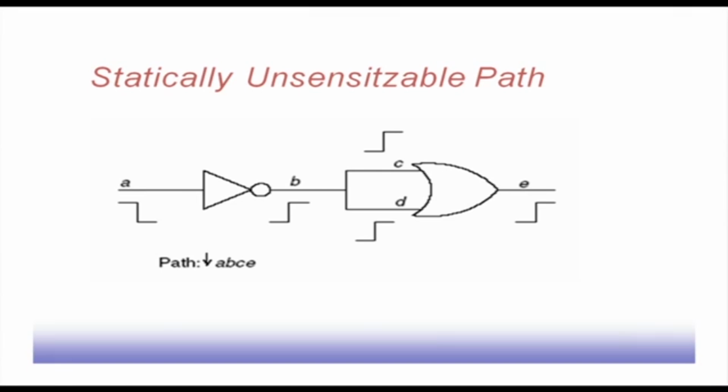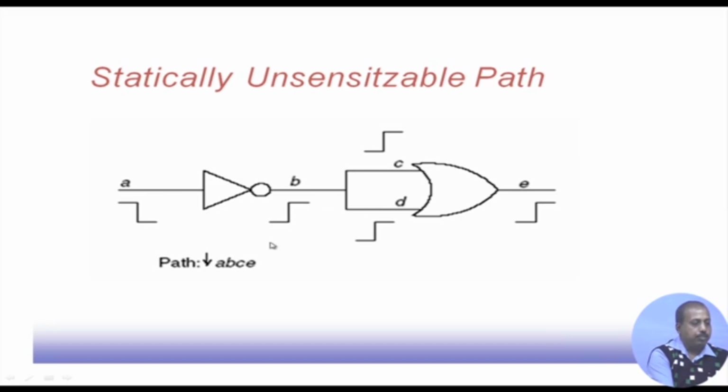So this is a statically unsensitizable path, because of this path A, B, C, E. If we want to set the values, first this is A. We are trying to check for the high to low transition for A, B, C, E. So this is making this transition high to low, but for making this high to low, these are the respective transitions.